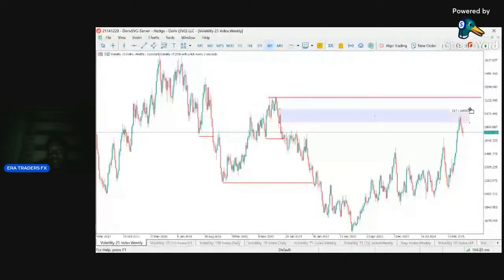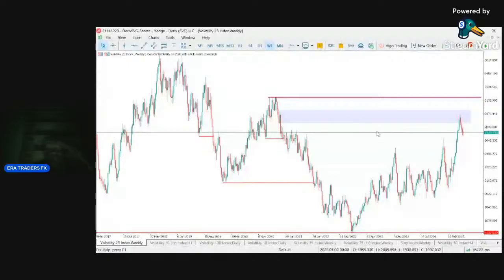So that's why I said, and if you look, it reacted from the resistance zone. So yeah, that's it. That's why we're looking to sell all the way. This is why I don't like Deriv MT5. So we're looking to sell from here all the way down here.